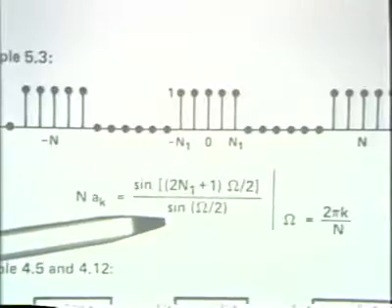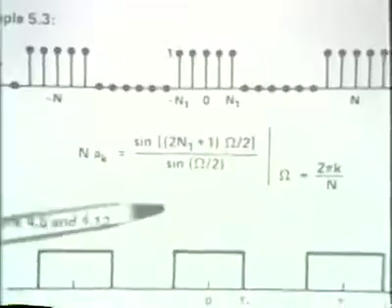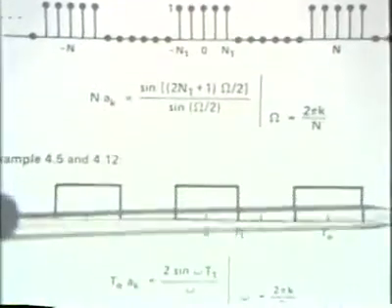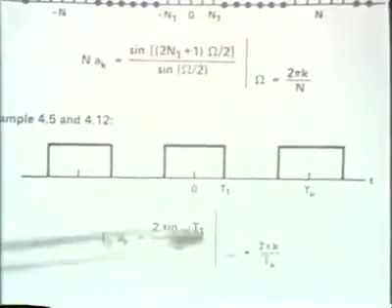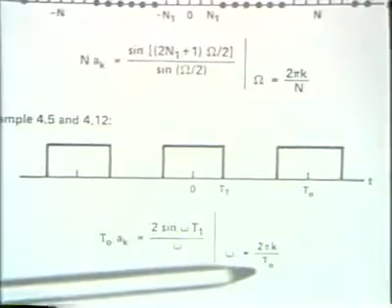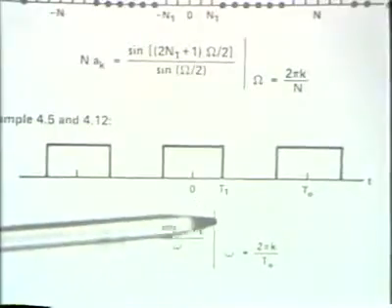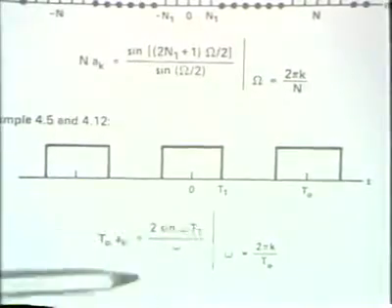Let me compare it to the continuous time square wave, where the Fourier series coefficients were samples of what we referred to as a sin x over x function.